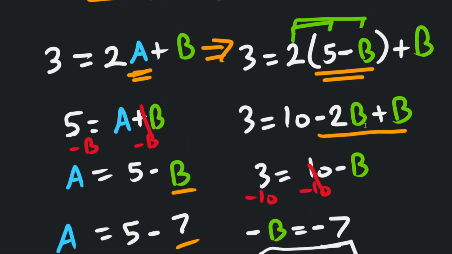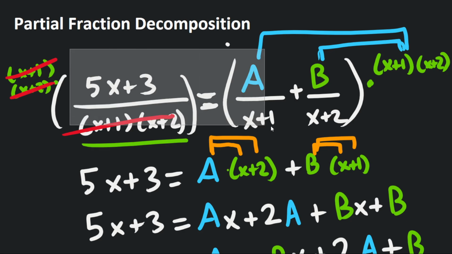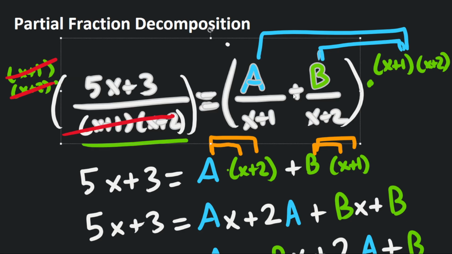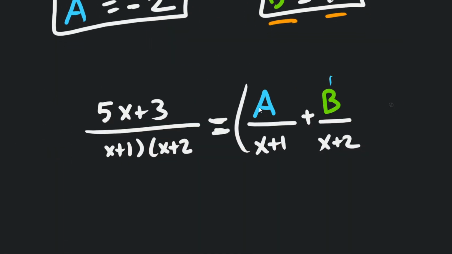So what does that mean? That means at the very beginning, the partial fraction decomposition we had, which I'll just copy and paste again below. Our original problem was this.